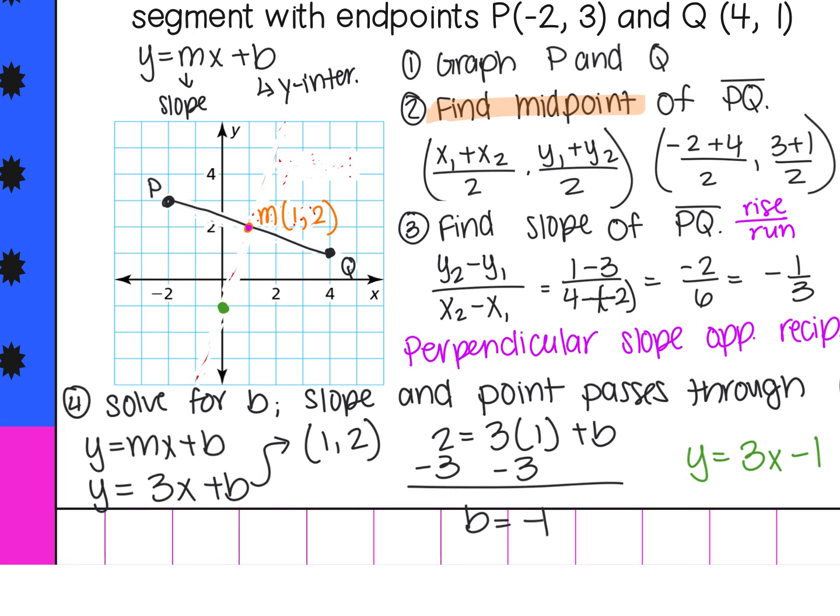Up 3, 1, 2, 3 over 1, which ends up right here. And I'll just go down 1, 2, 3, down 3 over 1. So we kind of have a straight line. If I graphed it as straight as possible, this is what it should look like, where my equation is y equals 3x minus 1.